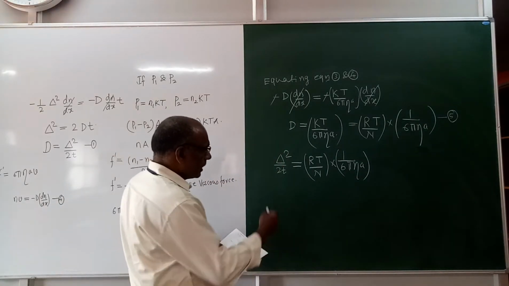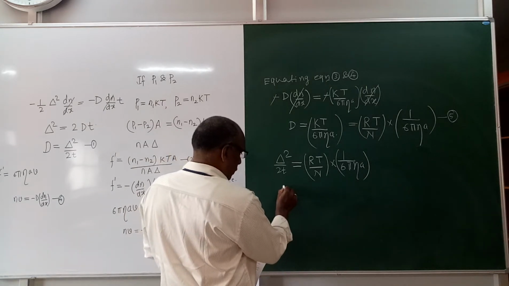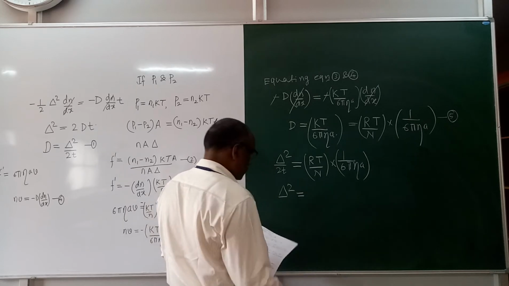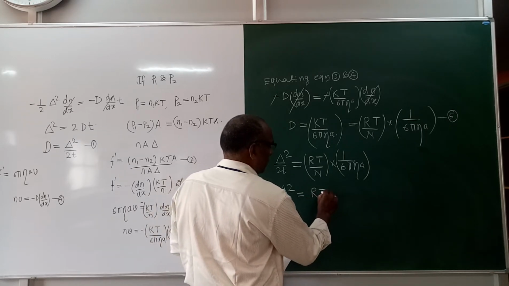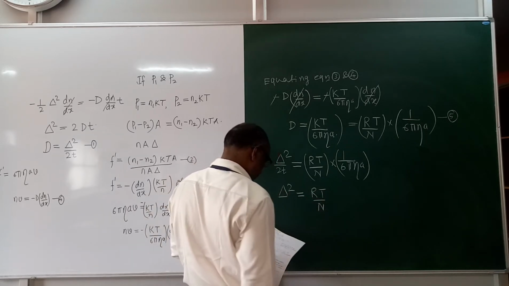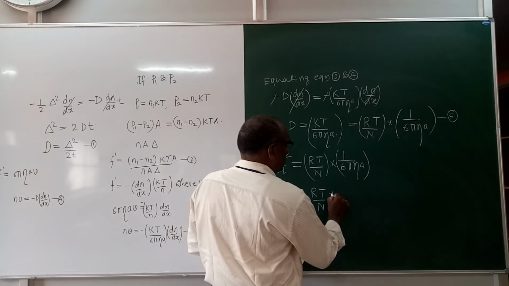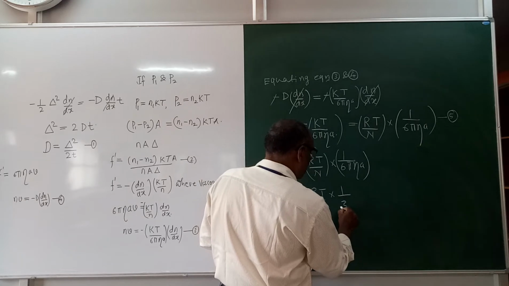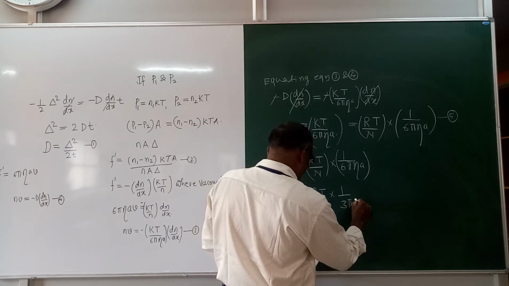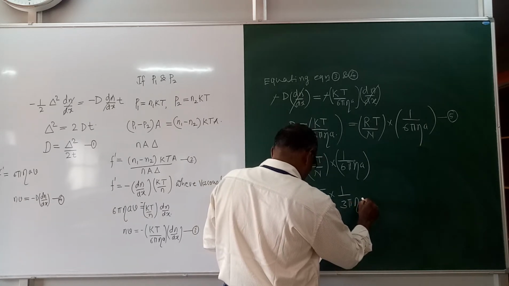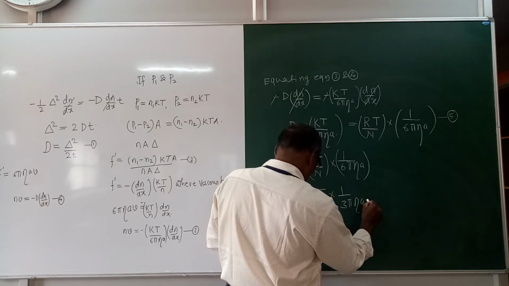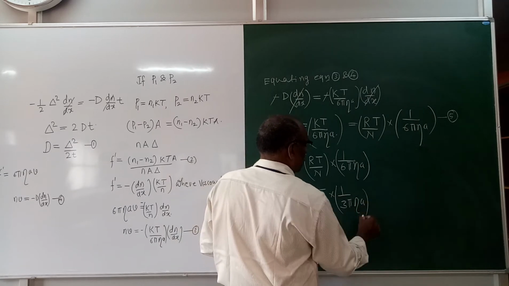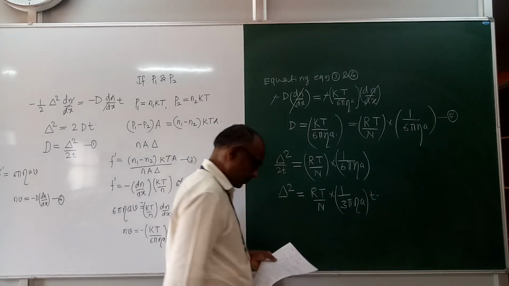But I can rewrite this for del square, the square of the displacement, that is RT upon N into 1 over 3 pi eta a into t. T should go that side.